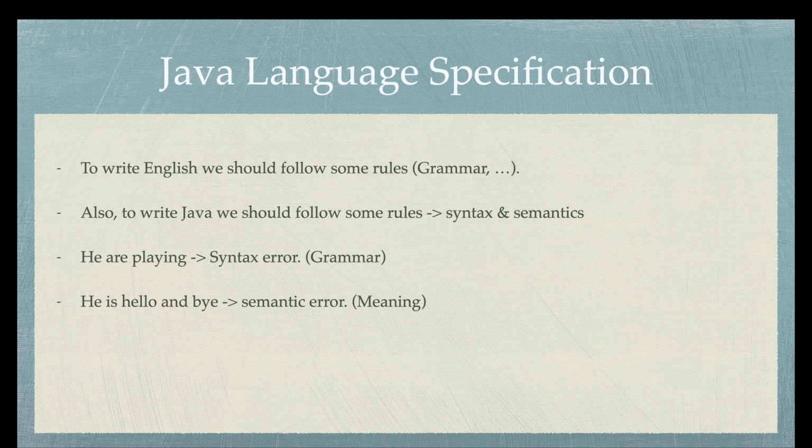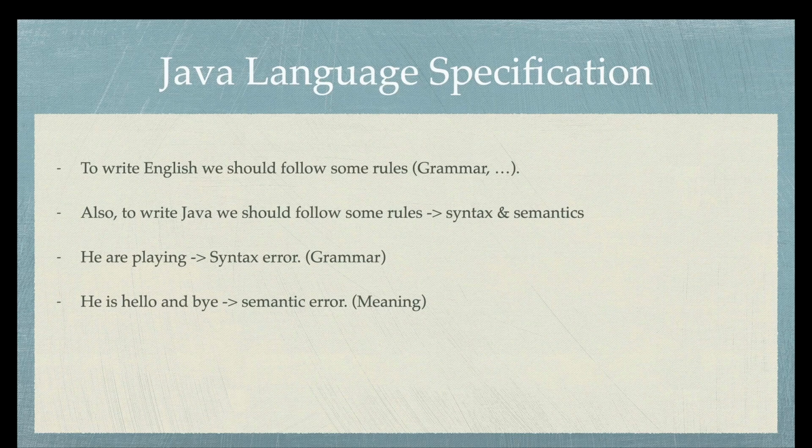Now let's talk about the Java language specification. A Java language specification defines a set of standards and coding practices so that the standard is maintained across all Java programs. This is similar to how we write English and we should follow some rules, for example, some grammar, right? Similarly, in Java also, we need to follow some rules.